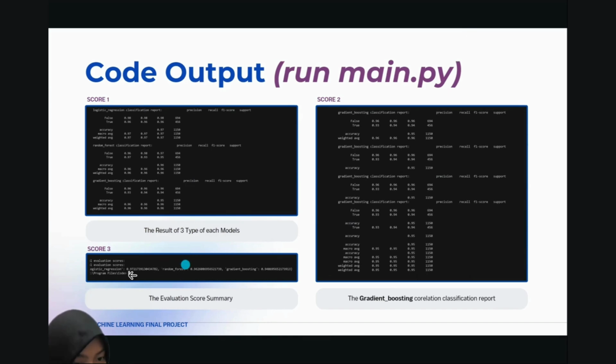It shows the logistic regression, random forest, and gradient boosting results of the training. It seems really good to me, because it's like 0.92 accuracy. So this model training seems really accurate.